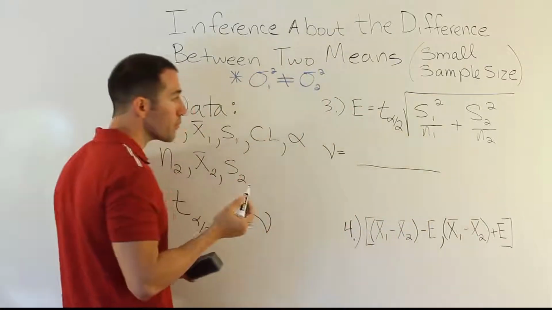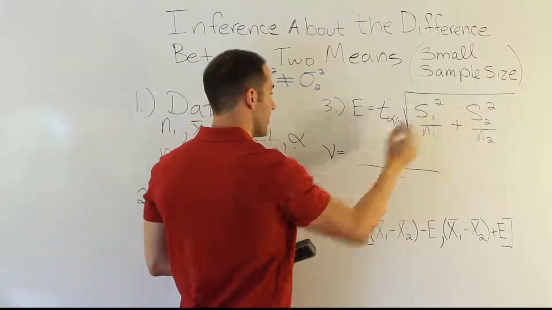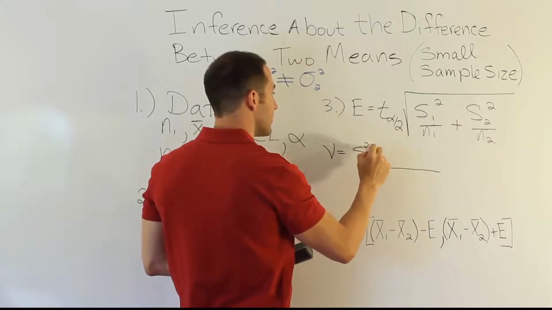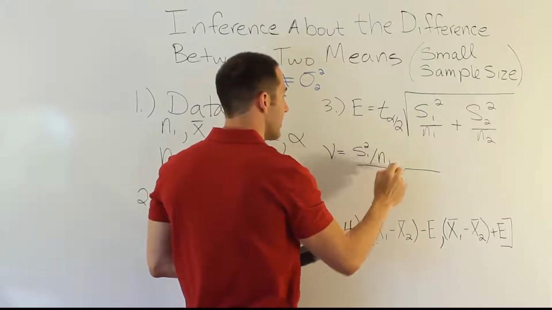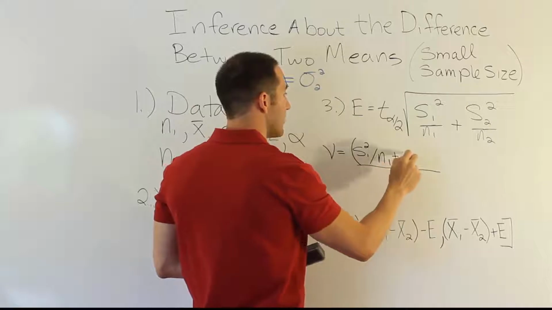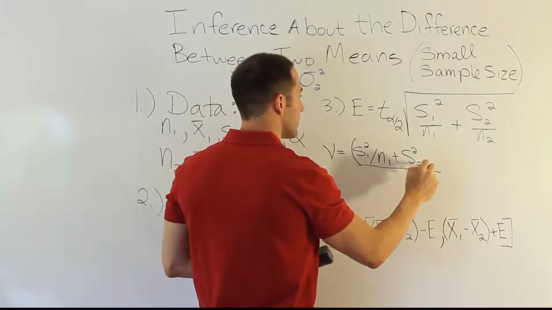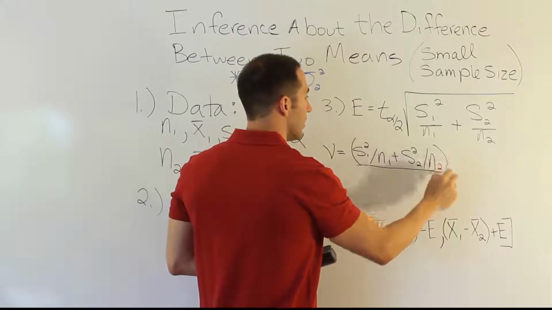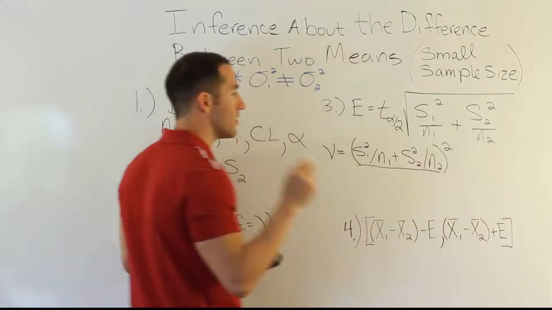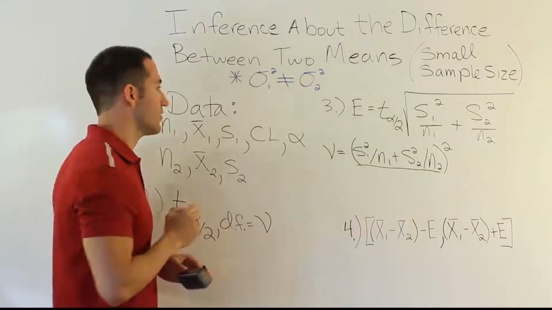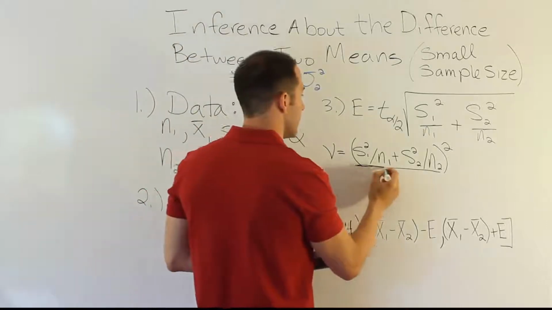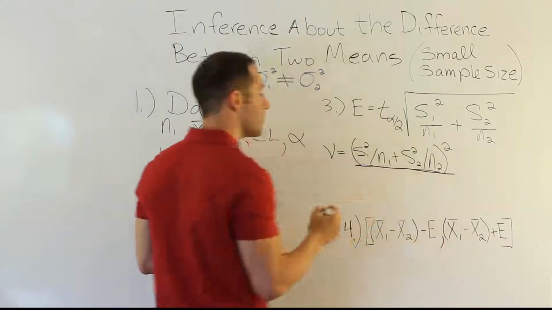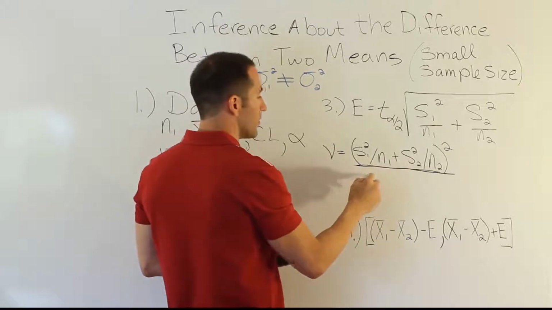So what we're going to have is basically this term here, s1 squared divided by n1. We're going to have that added to s sub 2 squared divided by n2. Both of those added together and squared in the numerator of this degrees of freedom formula. Then from there, we're going to have two more terms at the bottom.